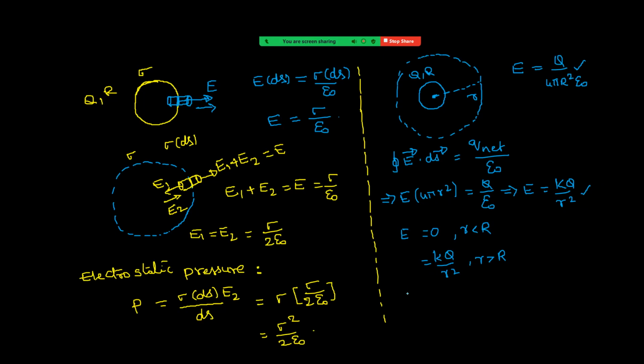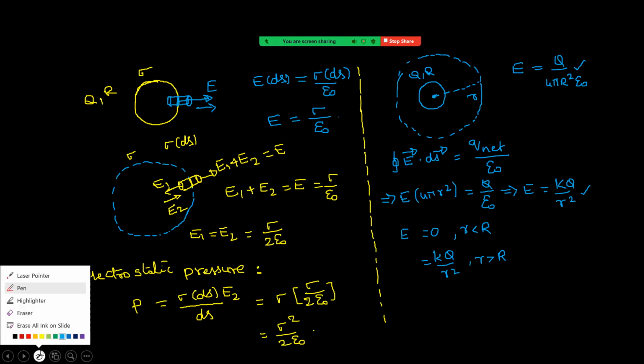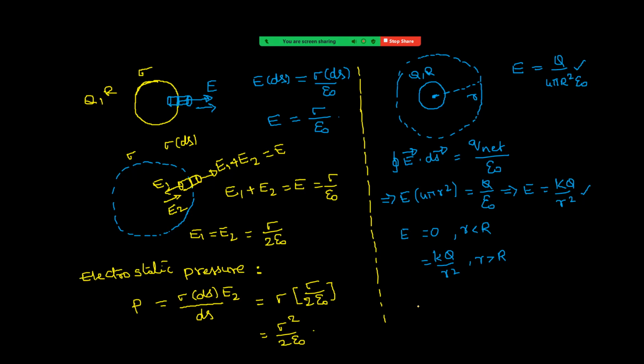That means the potential due to a conducting spherical shell outside is V equal to KQ by r, when r is greater than R, meaning outside. Or you can say it is equal also on the surface, the same potential.